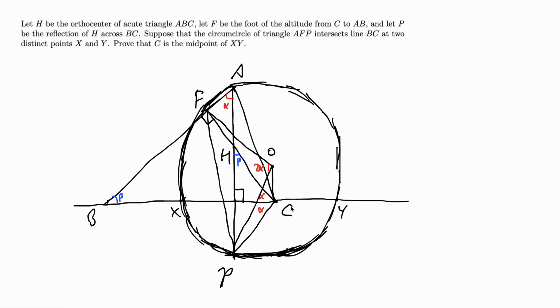Okay, first of all, because this is cyclic, we know that this angle and this angle are the same. So OCY is equal to OPF. So we just need to prove that this angle right here is beta. Is there an easy way to do that?